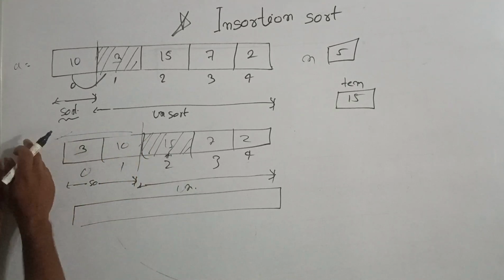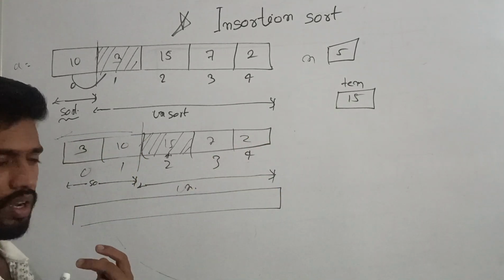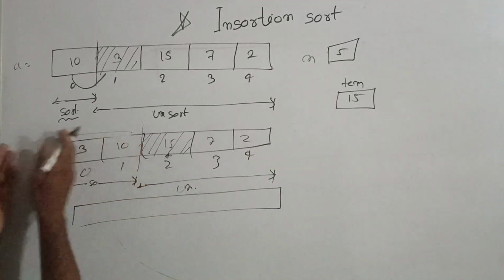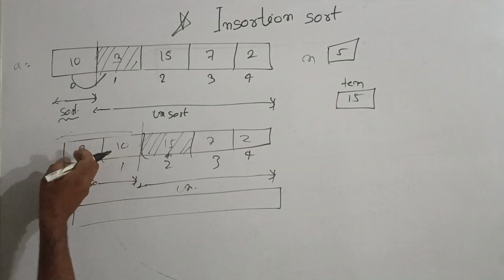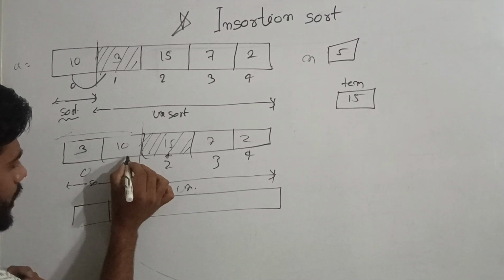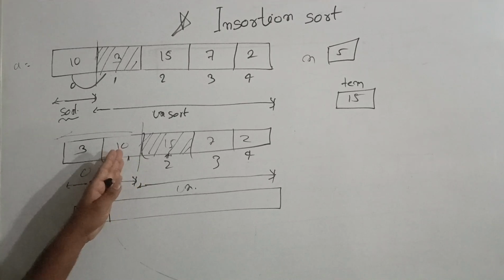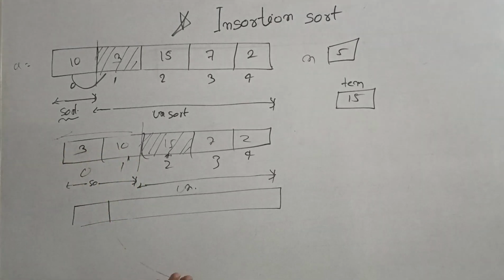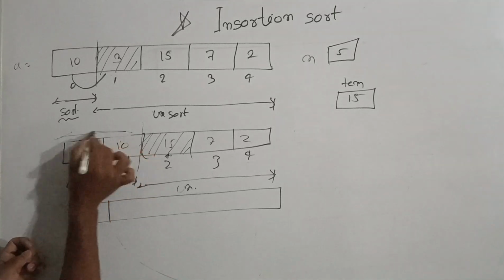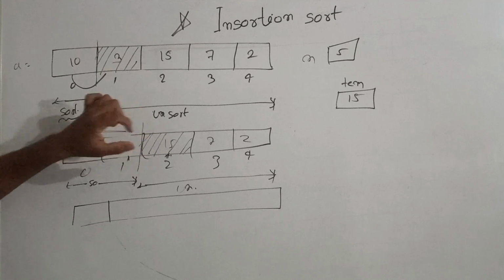When the temp data finds its appropriate place, there is no need to check all the elements. If 10 is less, it means all the elements before 10 are smaller, so no need to check them.